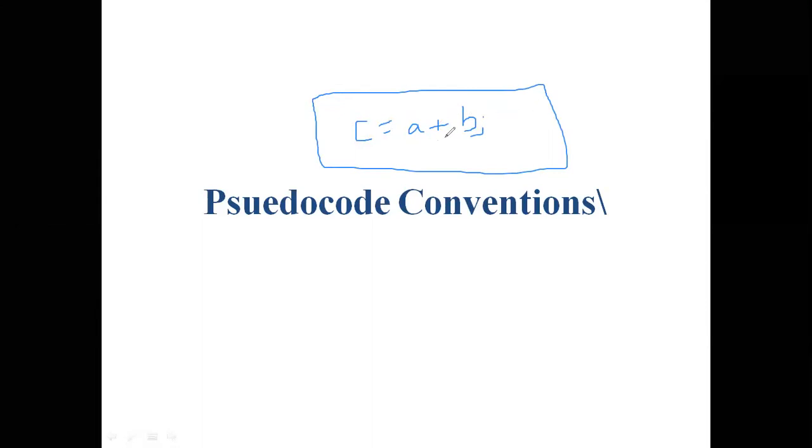This is not an algorithm. Actually, in an algorithm, we write in a theoretical manner, that is, add A and B and store the result in C. That is an algorithm. So pseudocode is nothing but C is equal to A plus B, represented in this form, in some coding manner.